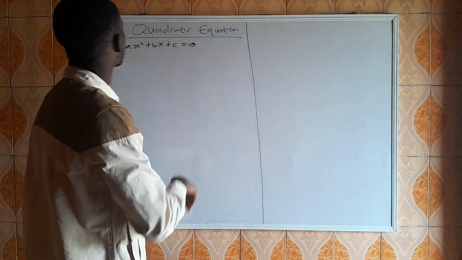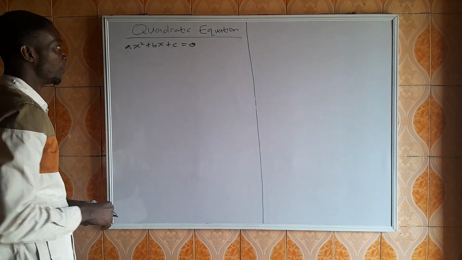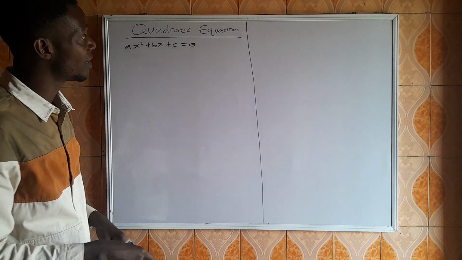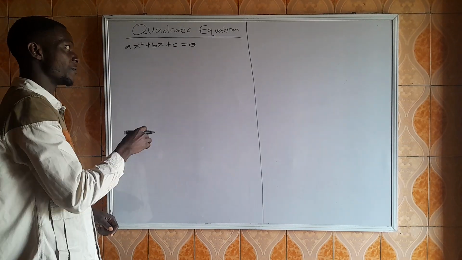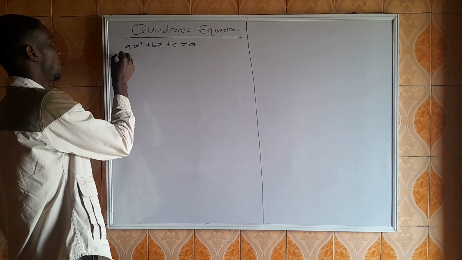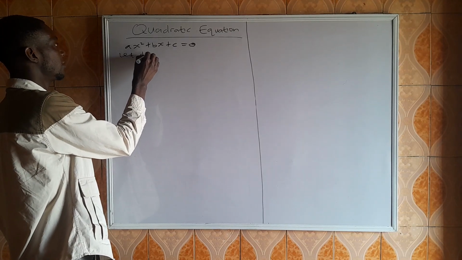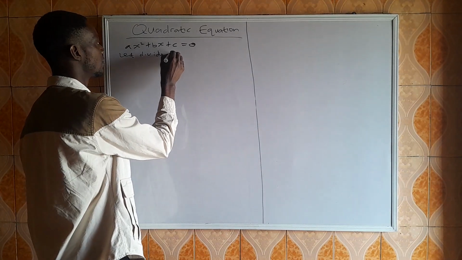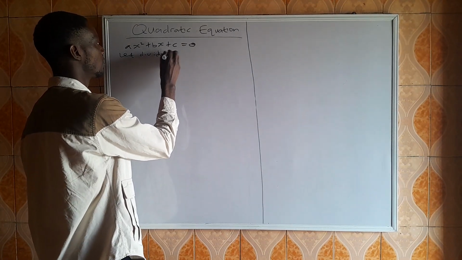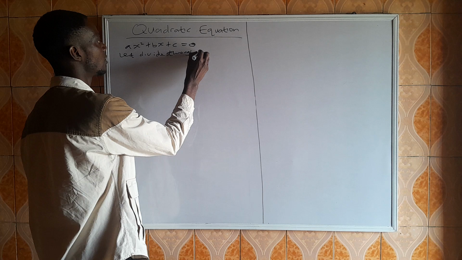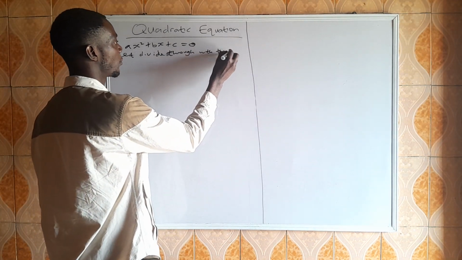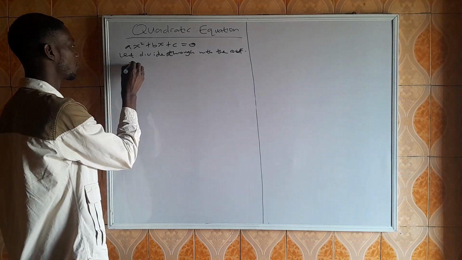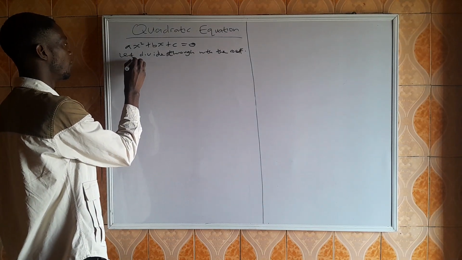Now, follow me. When you have ax squared plus bx plus c equals 0, I want to derive our formula from here. The first thing you need to do is divide everything through by the coefficient of x squared.